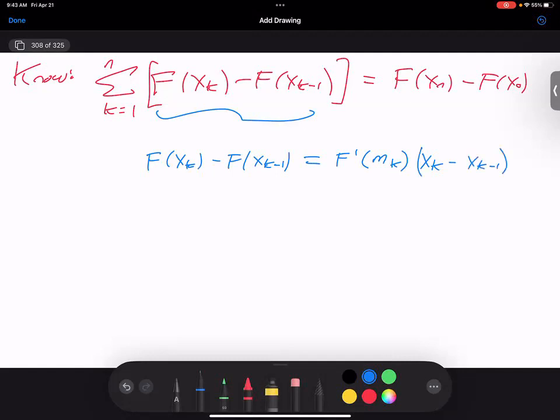Why is this true? So I'm claiming big F(x_k) minus big F(x_{k-1}) is big F prime at some point in the interval times x_k minus x_{k-1}.